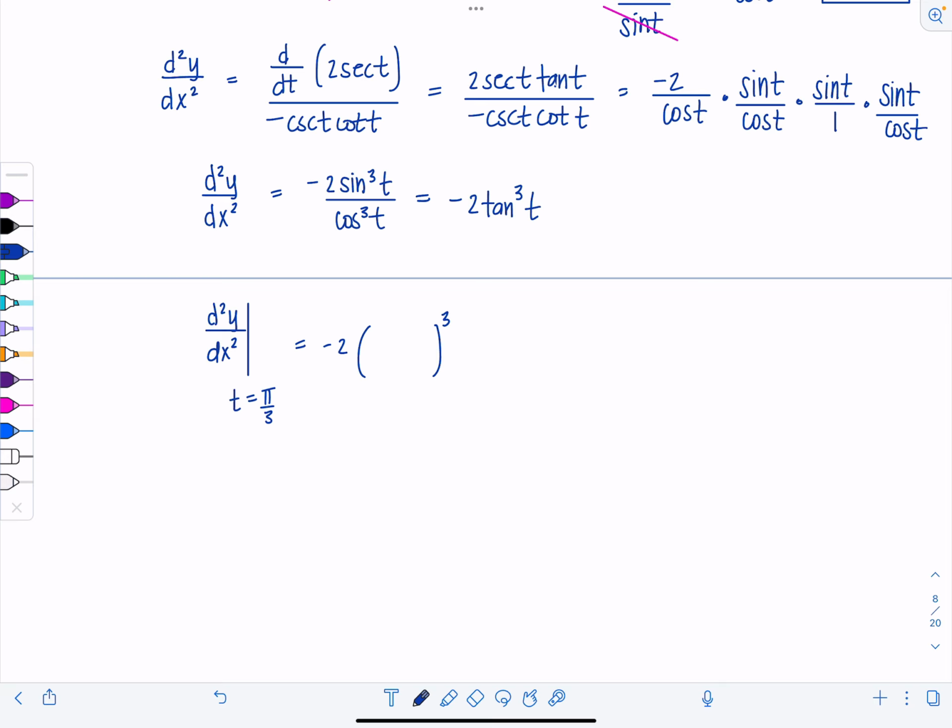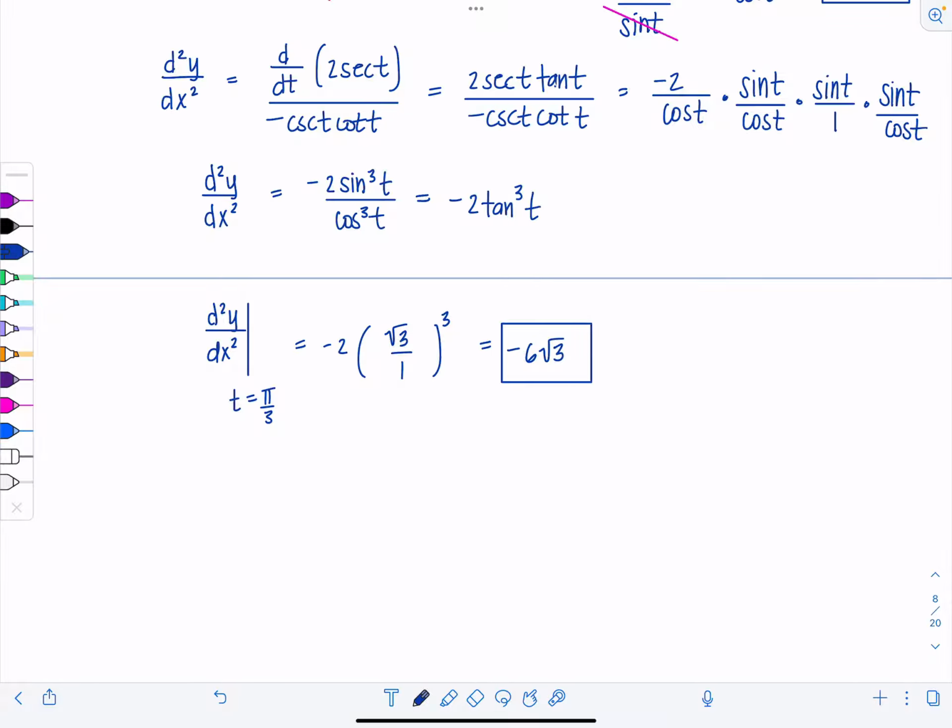The 2's cancel, so it's just rad 3 over 1. If you cube rad 3, it's 3 rad 3. So this is negative 2 times 3 rad 3, so negative 6 rad 3. And that's all they wanted. They wanted to know the value of the second derivative when t is pi over 3, and we gave it to them. They can't be upset. They can only give us 100% for our beautiful work.